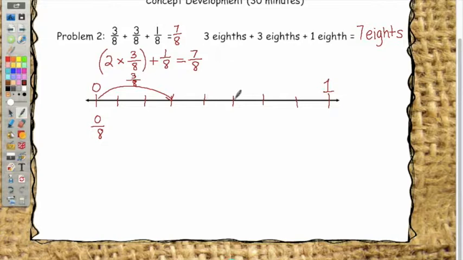Then 1, 2, 3. And how many more? 1. Oh, I get it. So now, what's my answer? 7/8. And I write that below and circle it.